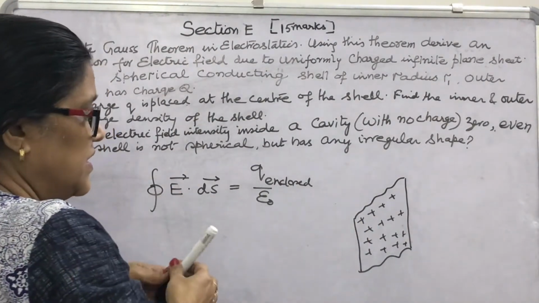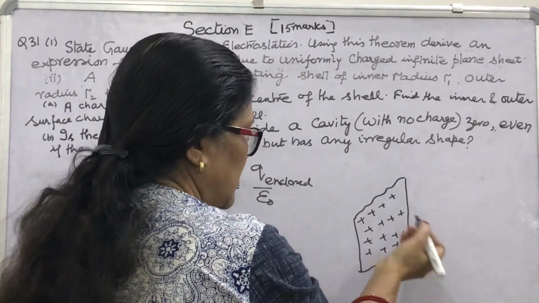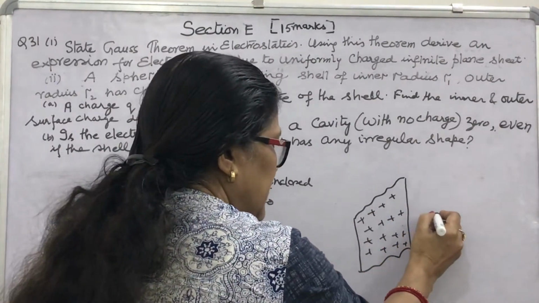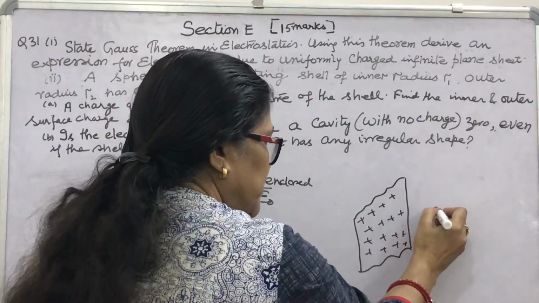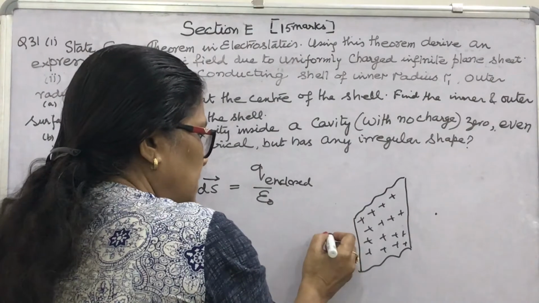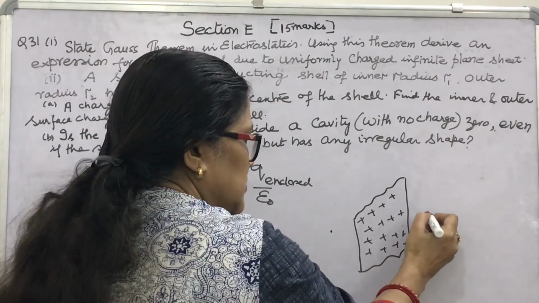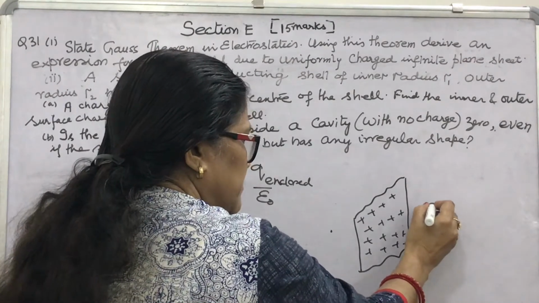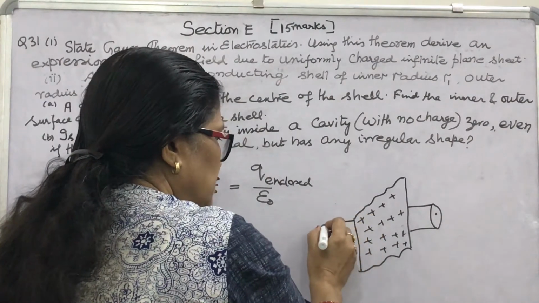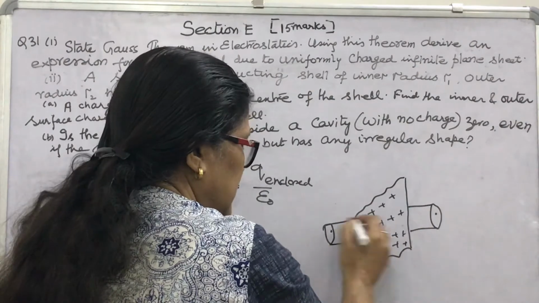If you consider any hypothetical surface, cylindrical or rectangular, passing through any point, suppose P, then due to symmetry you can consider on the other side of the sheet, at the same distance, the point P dash. Suppose the surface is cylindrical and cuts through the sheet of charges.